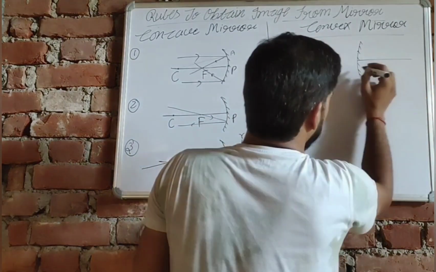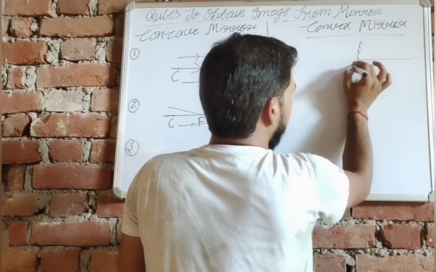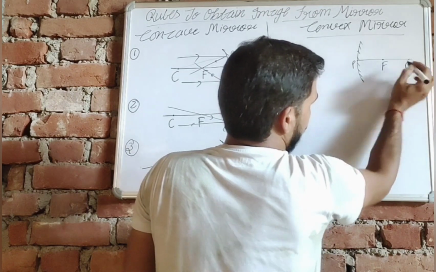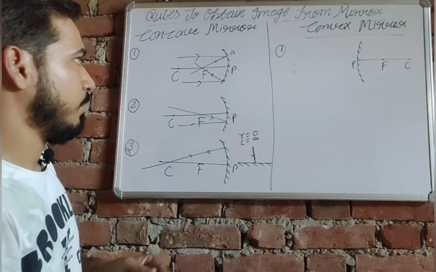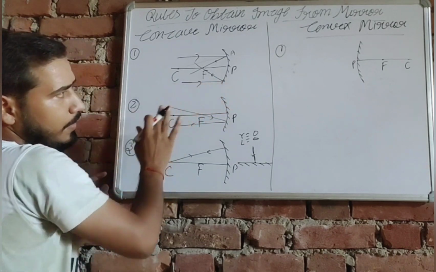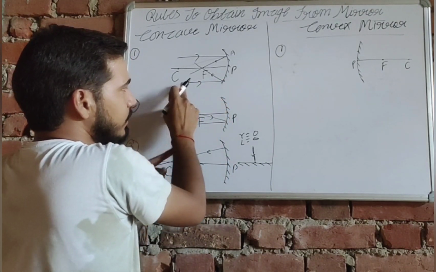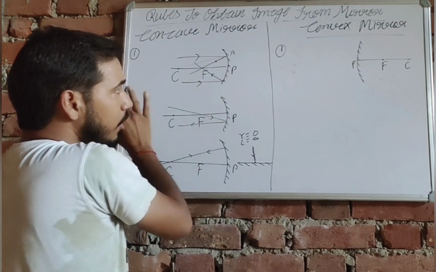So here, if this is the midpoint, the pole, suppose somewhere here is the focus, and just twice that is the center of curvature. The first rule means if any ray of light falls on the mirror parallel to the principal axis, then after reflection it passes through the focus.